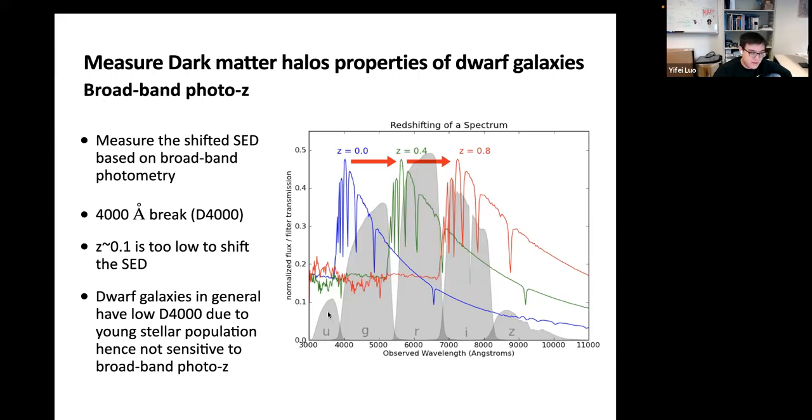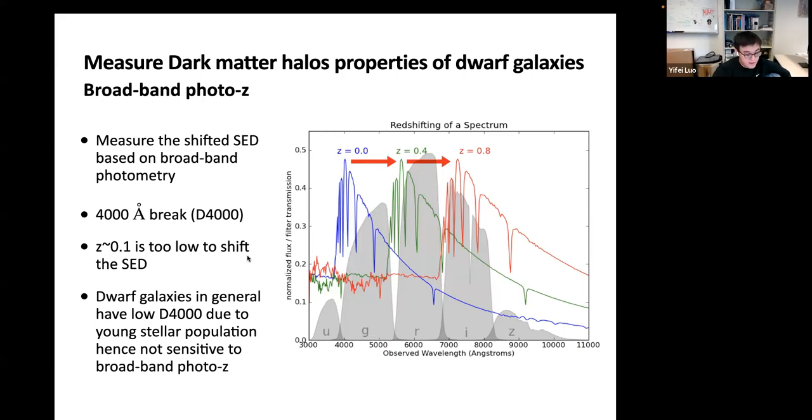It doesn't have a u-band, and there isn't a really deep and also wide u-band survey on the sky comparable to HSC. Remember, HSC goes all the way to 26 magnitude, and the bluest is the g-band. So we cannot see the 4,000 angstrom break between the u-band and g-band for those dwarf galaxies.